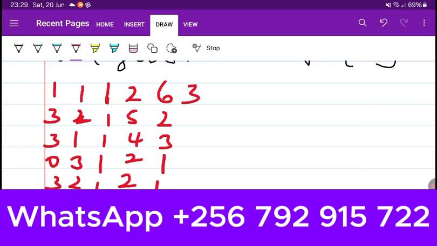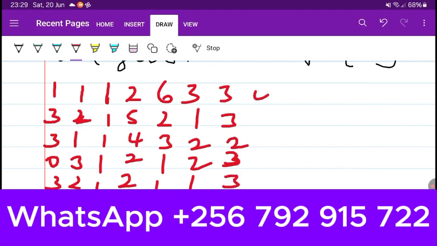Then 3, 1, 2, 2, 1. Then 3, 3, 2, 3, 3. Then 4, 6, 2, 1, 1.